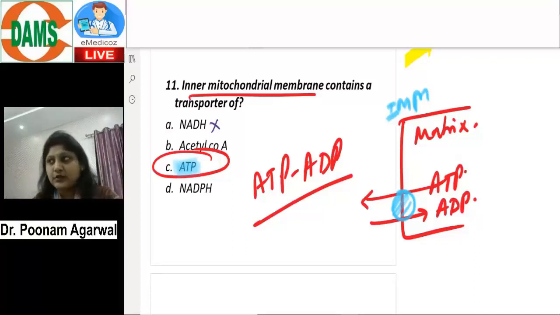for transporting its reducing equivalent to the matrix, which is captured by the coenzyme in the matrix, either FAD or NAD, which are immediately converted into FADH2 or NADH in the matrix, and they enter oxidative phosphorylation producing ATP. So in a nutshell, NADH from the cytosol is not able to go directly to the matrix.